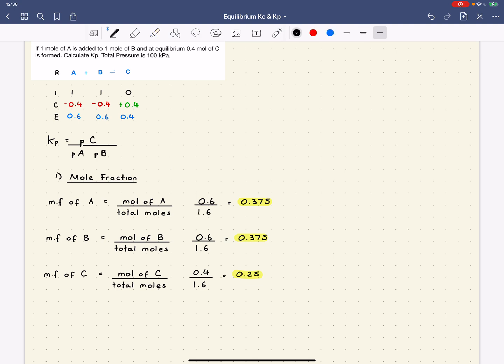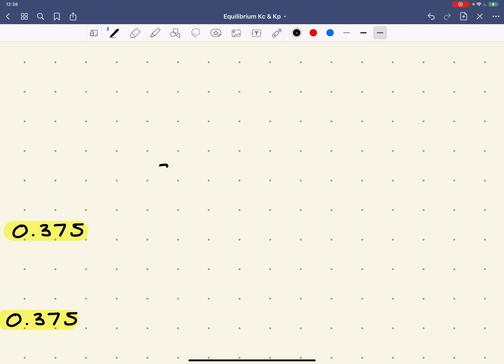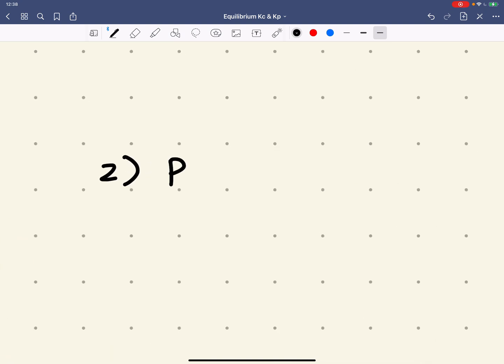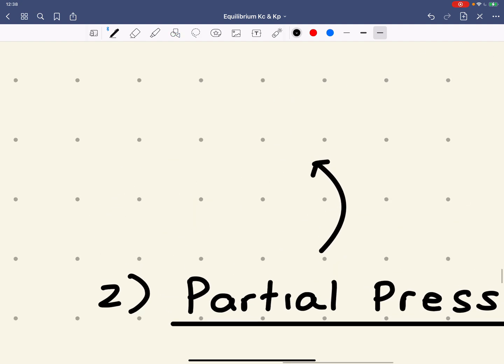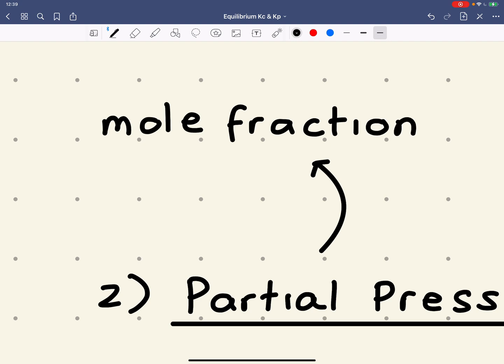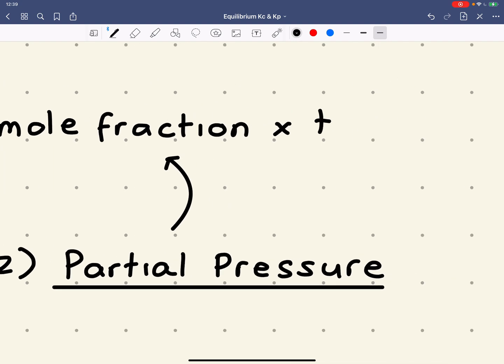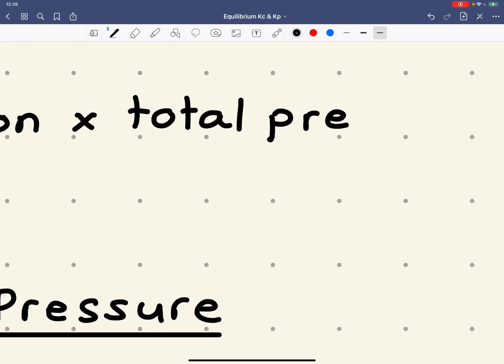But we want partial pressure. How do we get partial pressure? Well, partial pressure we can work out by the following equation. Partial pressure is equal to the mole fraction times total pressure.